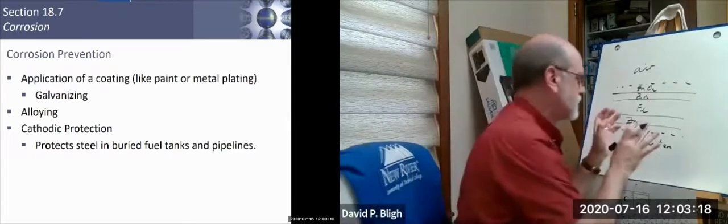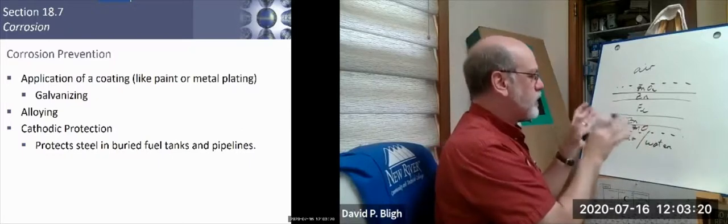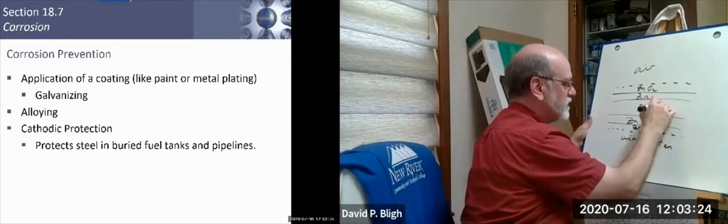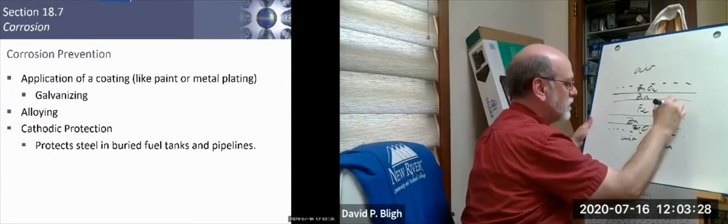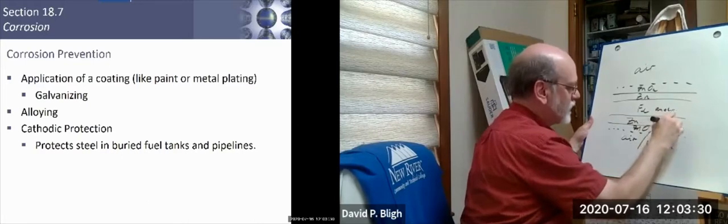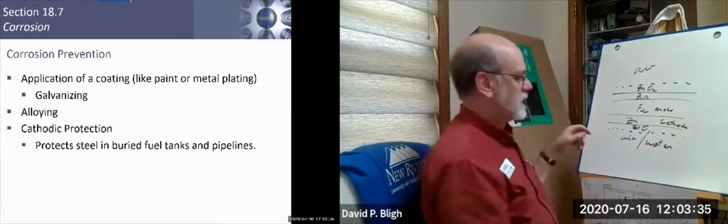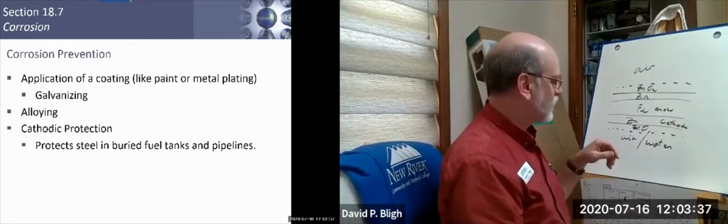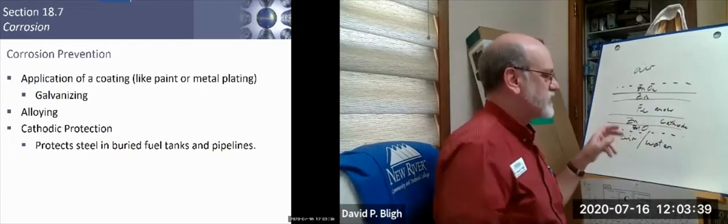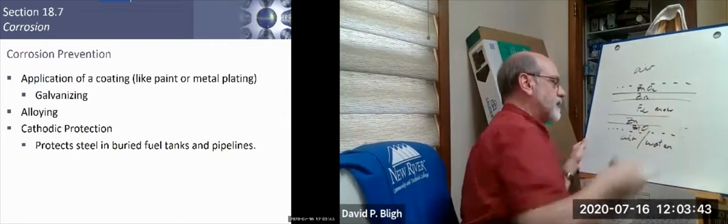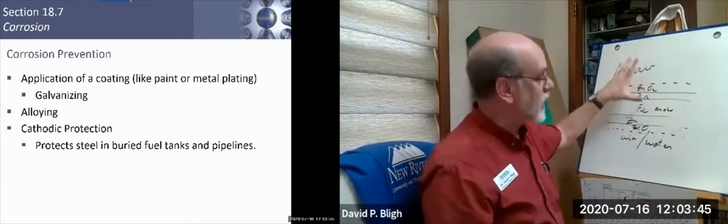So, in order to protect the iron as the anode, the zinc becomes the cathode, and in the process, well, actually, the zinc is not the cathode anymore. This would be the anode if you were exposed to oxygen.